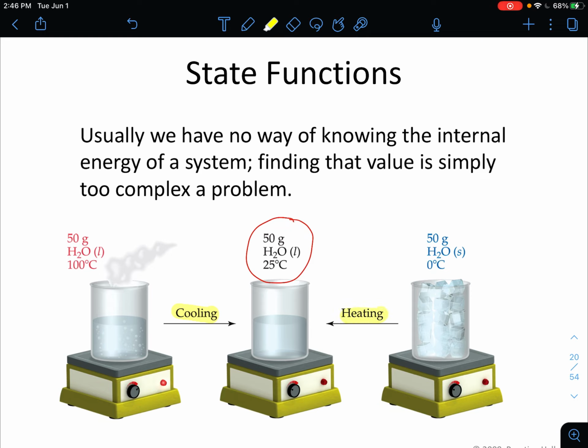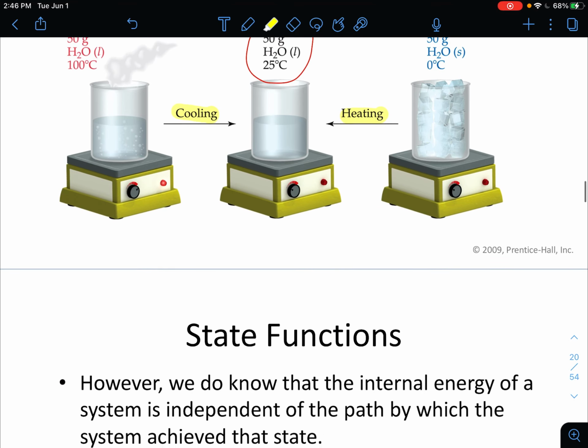That wouldn't matter, right? We would just say, knowing that it's 50 grams of water at 25 degrees Celsius, that fully describes the system. So that would be something that we describe as being path independent, right? It doesn't matter how I got to that condition. Now I am able to fully describe it.